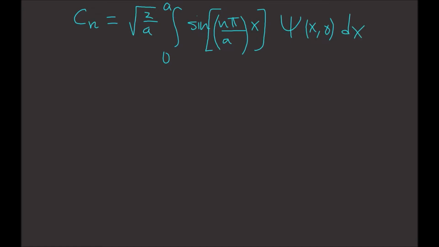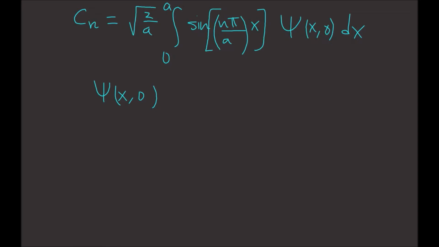So given the initial wave function psi of x comma 0, we first compute the expansion coefficient c sub n using this equation, and then plug the result into the equation from the previous slide.